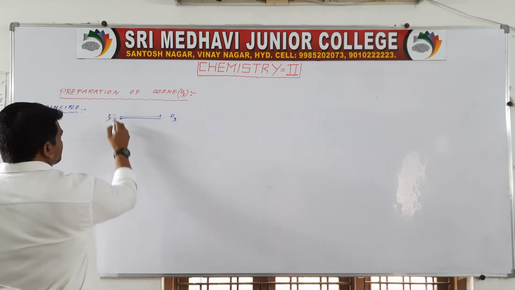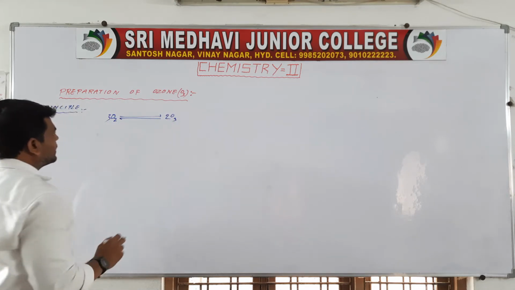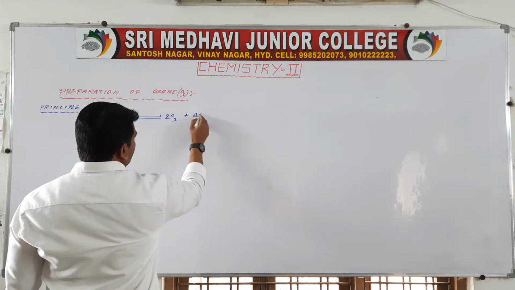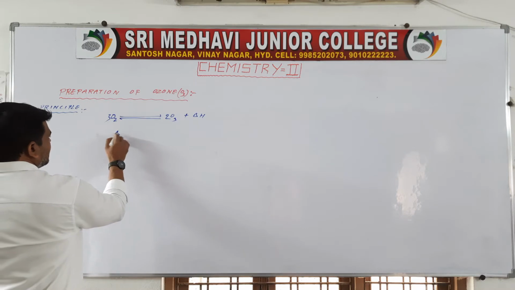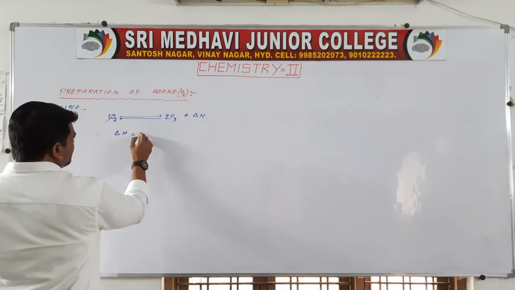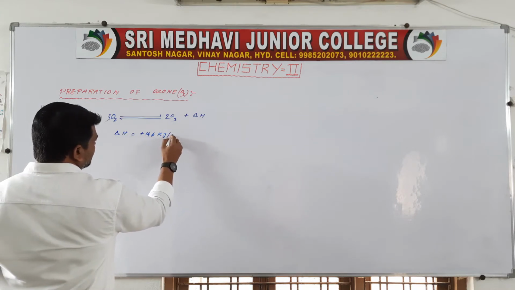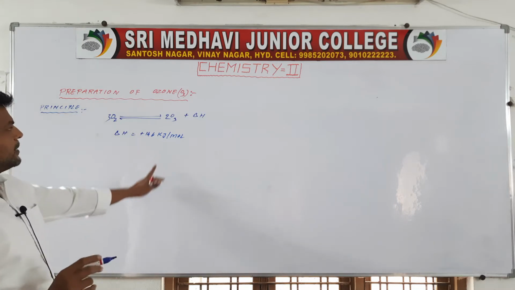If you take three oxygen molecules, they can be converted into ozone, with delta H equal to plus 146 kilojoules per mole.